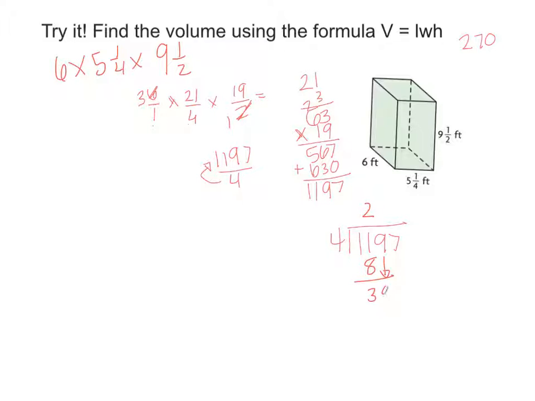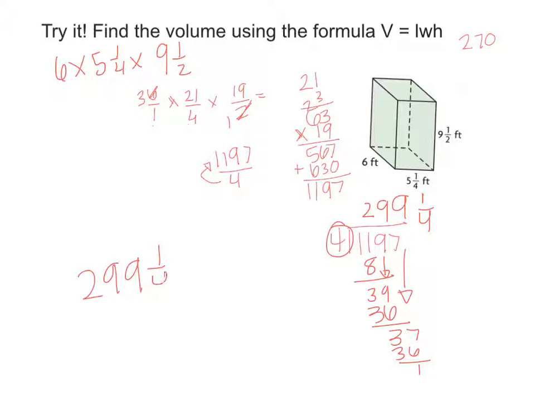Bring down my 9. 4 goes into 39 9 times, which would be 36. 3, bring down my 7, and it goes into 37 9 times. 36, 1 left over. That'll be my numerator. Denominator is 4. So 299 and 1/4.